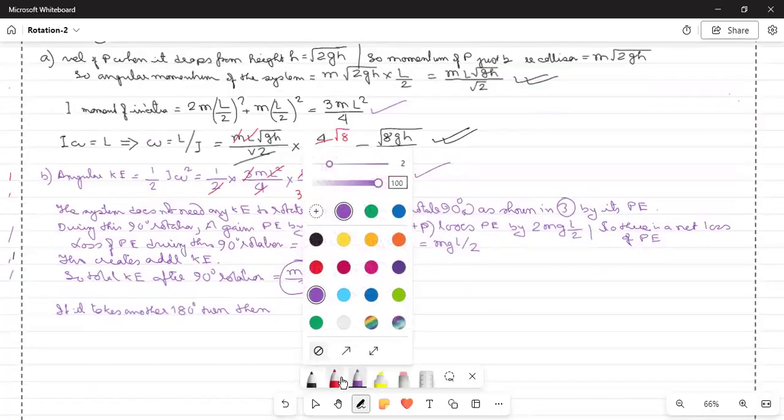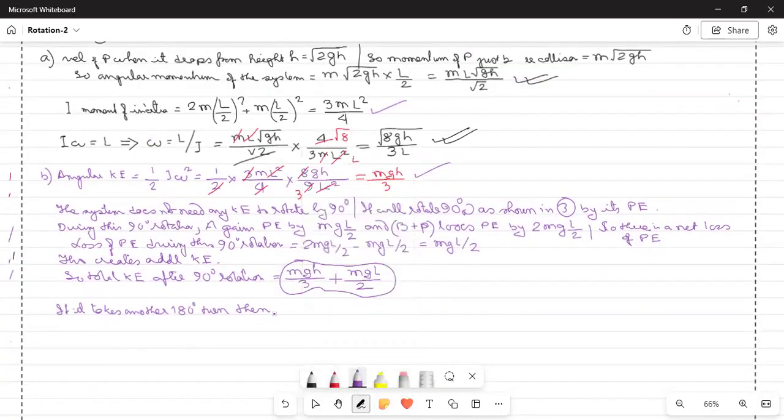So if it has to take another 180-degree turn, then what happens?